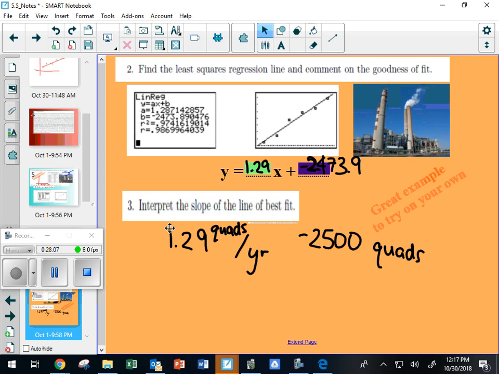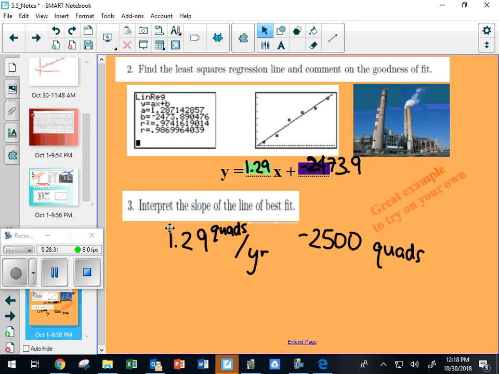In those physics classes, we're saying, what does this number mean? It's super important. And a lot of people who are currently in physics aren't getting this. You guys are already ahead of them because you can get, oh, this is a rate, this means quads per year. This means something in quads. All right? So good on you guys.